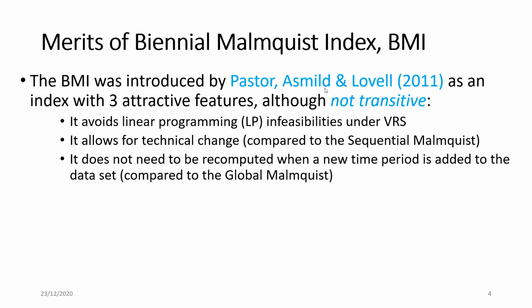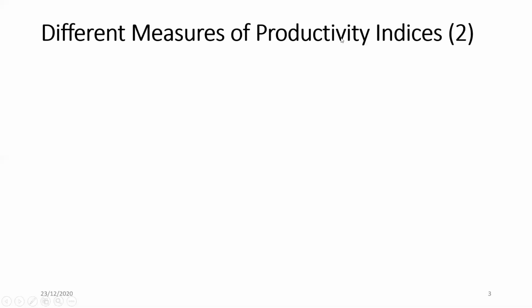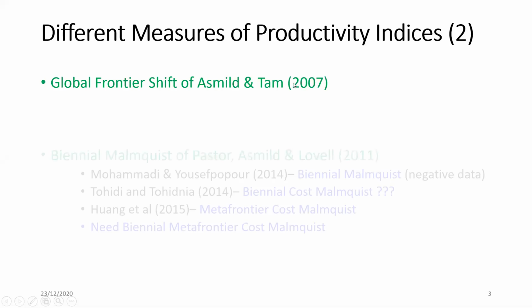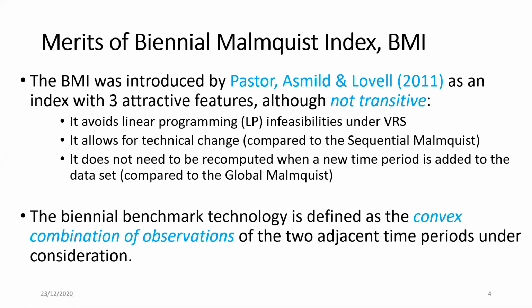The other advantage is that it does not need to be calculated again when a new time period is added to the data set. For example, if you look at the global Malmquist of Pastor and Lovell, it doesn't have to be recomputed.